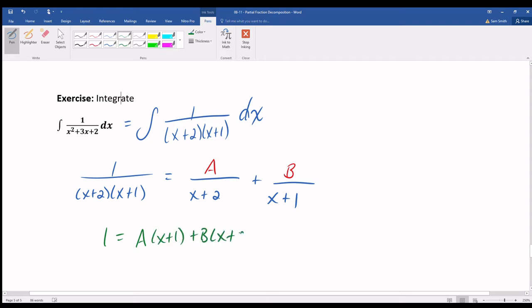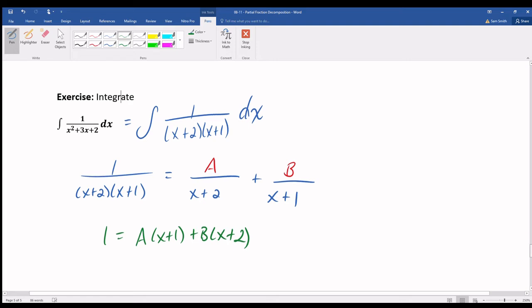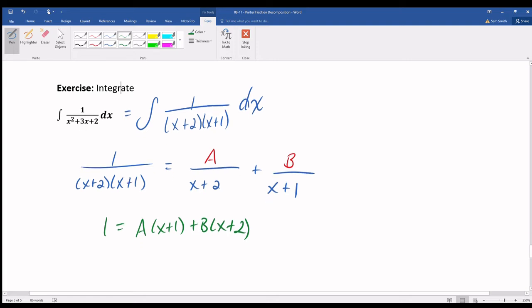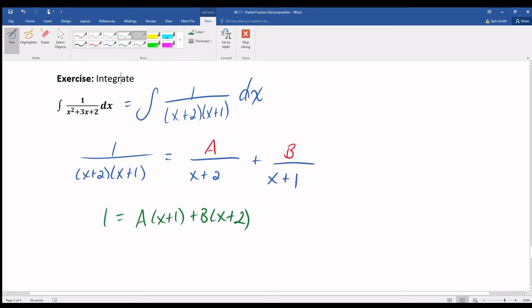Now we are somewhat lucky because both of our denominators here have values of x that will make them 0. So let's try this trick of plugging in a value of x that will eliminate one of these factors. Let's set, for example, x equals -1.